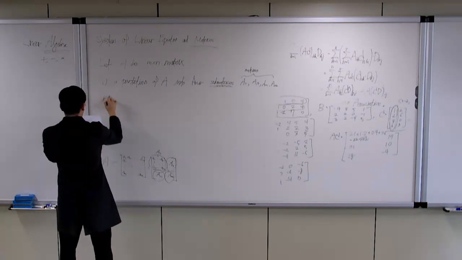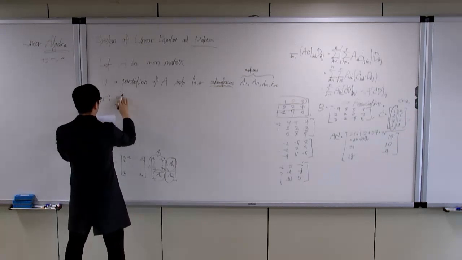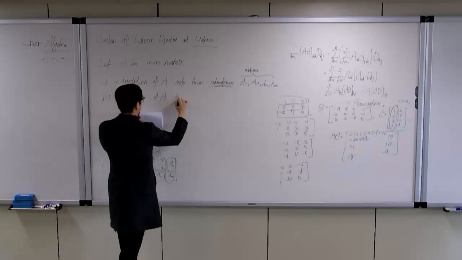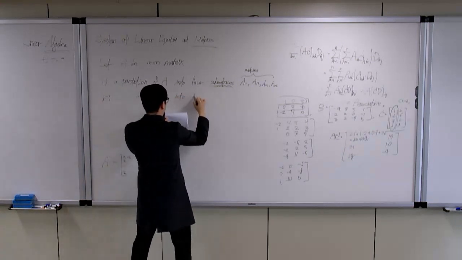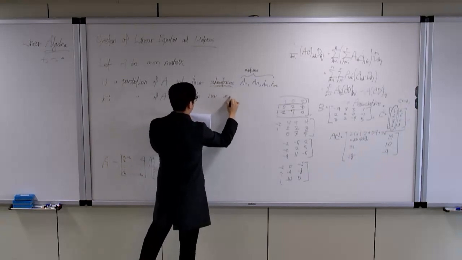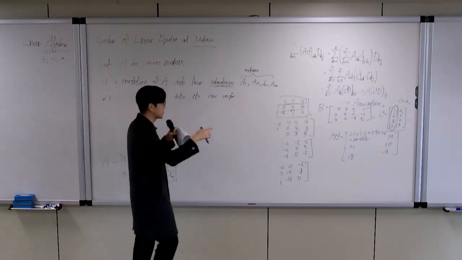And the second is its row vectors. I explained what a vector is: the size of the column is 1.